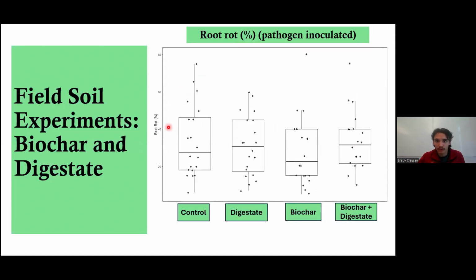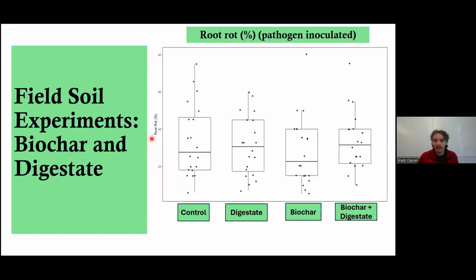Okay, so now switching gears just slightly, same experiment, only now this has the pathogen in the soil. So on the y-axis, we're looking at root rot percentage, and what you'll see is there was no effect. Looking at the difference between control, digestate, biochar, and the combination, they all had no effect on any disease severity. So we thought this was really cool, and cool meaning that these products are probably going to be applied onto the land.